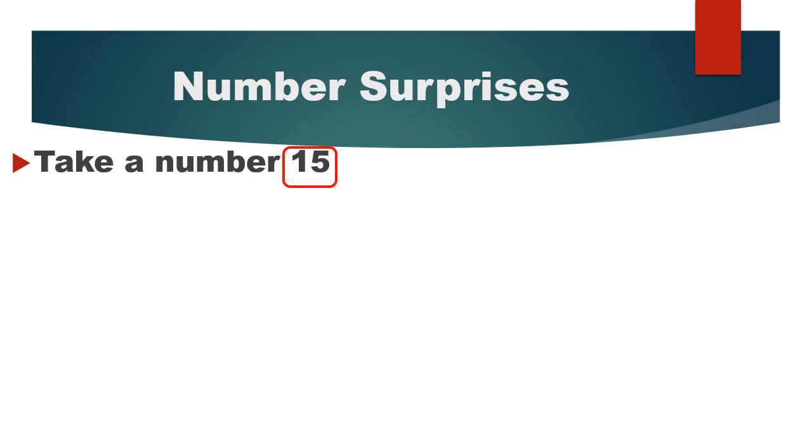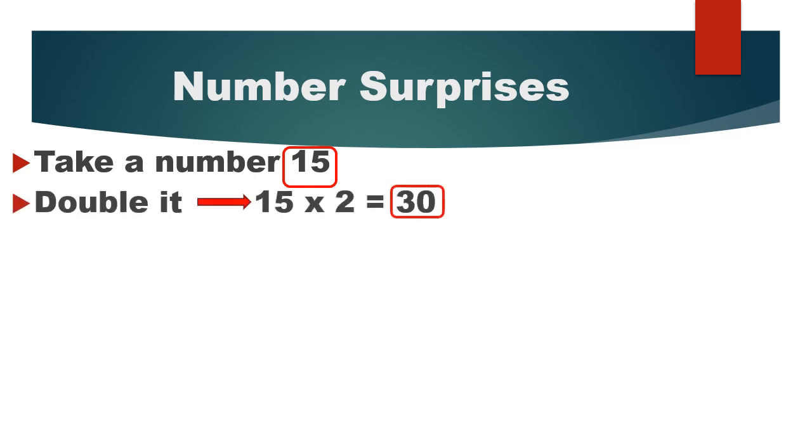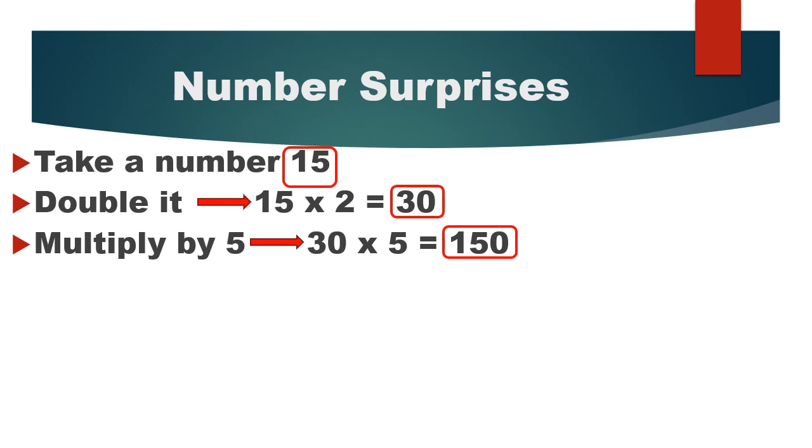Now, dear friends, it's time for some number surprises which you have studied in this chapter. Yes, now take a number. 15, yes. Now double it, that is 15 multiplied by 2. The product is 30. Now multiply it by 5, that is 30 multiplied by 5.